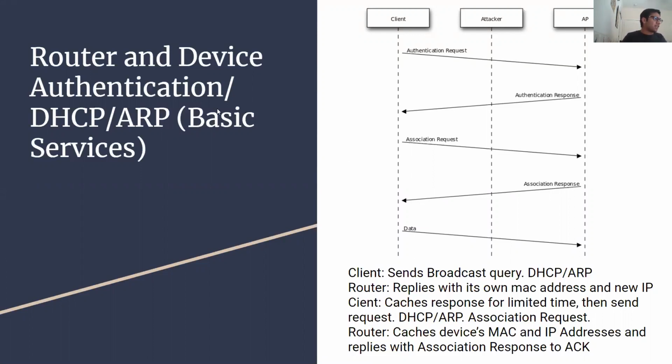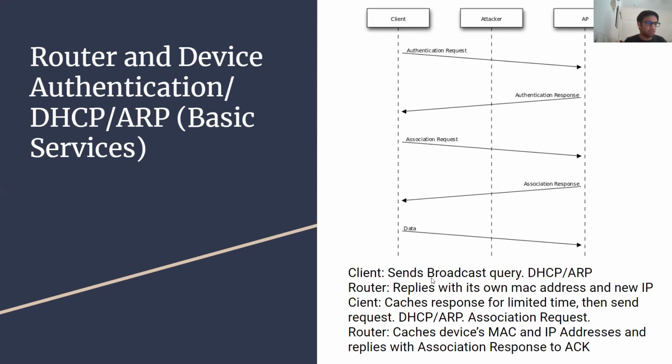Each of these services, including the authentication between the router and device, happens in 4 steps. Of course, these may change depending on the protocol, but these are basically the overall steps used for authentication and these services. The client would send a broadcast query to every node on the network in the broadcast channel.